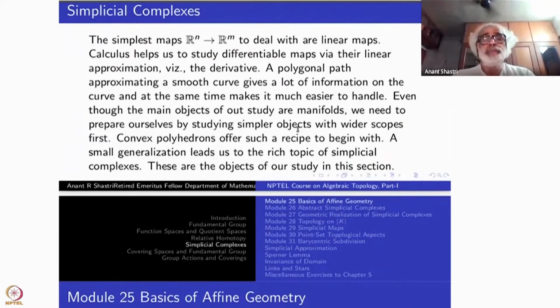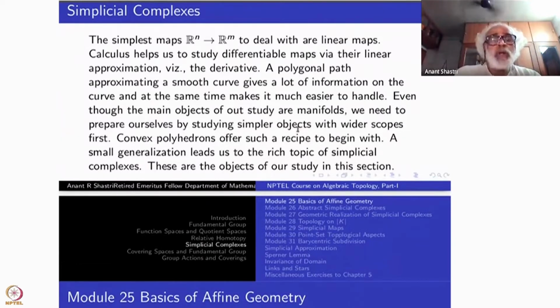Calculus was introduced basically to convert so-called differentiable maps into linear maps. The derivative is a linear approximation to a function at a given point.